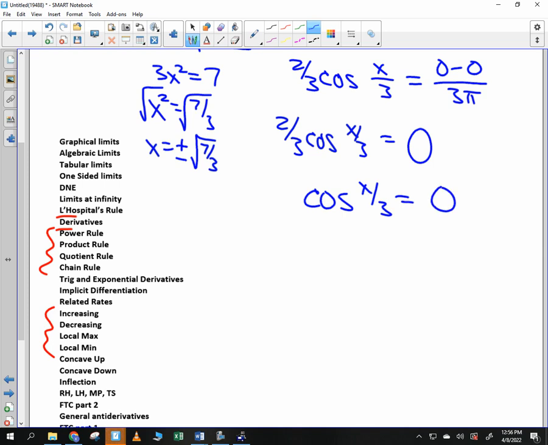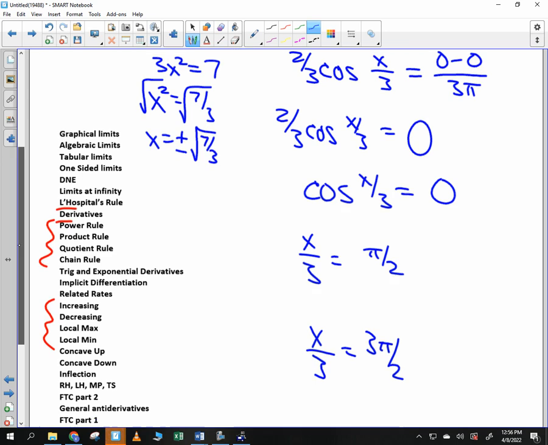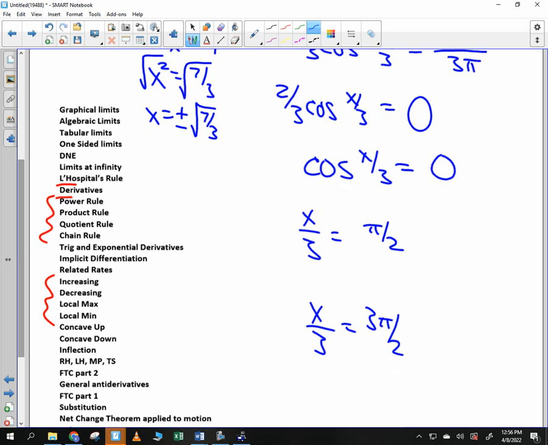Where is it that cosine is equal to 0? Pi over 2 or 3 pi over 2. So x over 3 is equal to pi over 2, and x over 3 is equal to 3 pi over 2. What do we do to both sides? Multiply by 3, and we get x is equal to 3 pi over 2, or in this situation, you can see 9 pi over 2.